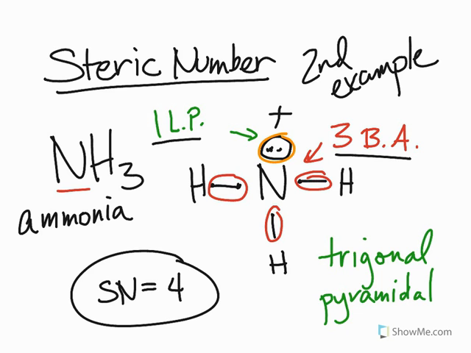And that tends to push these guys a little bit further away from the lone pair. And the reason why is because there is no nucleus up here at the top. And because of that, the bond angle between these guys actually is less than the normal tetrahedral structure.